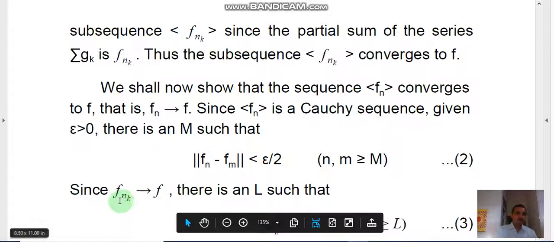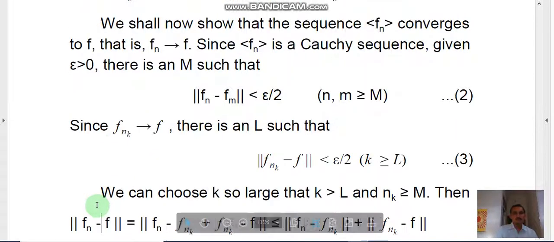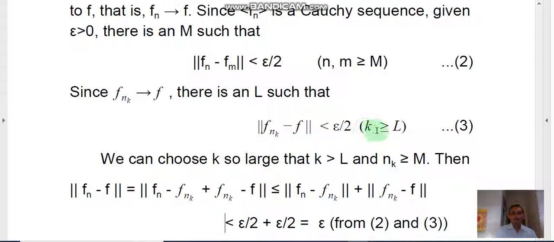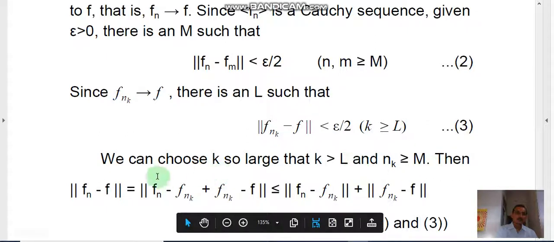And the second one: since Fnk tends to f, there exists an L such that the norm of Fnk minus f is less than epsilon by 2 for k greater than or equal to L. We call this equation 3. So we can choose k so large that k is greater than L and nk is greater than m.